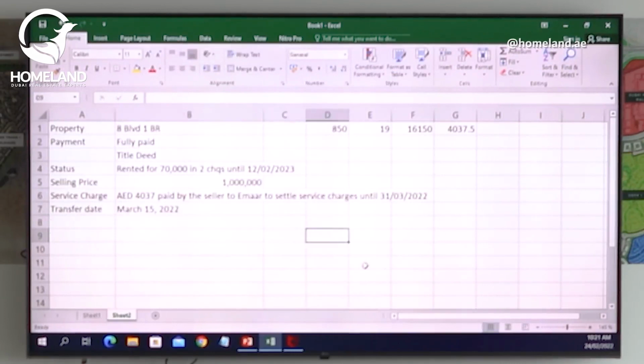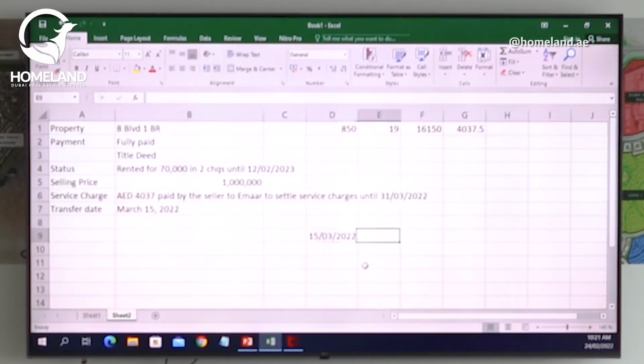For the service charge, you have a date. Okay, this is transfer date. And what is your service charge settlement date? Agreed?